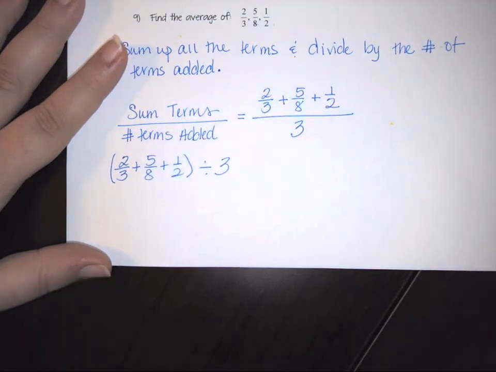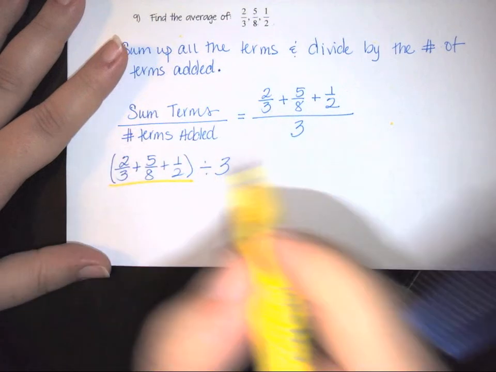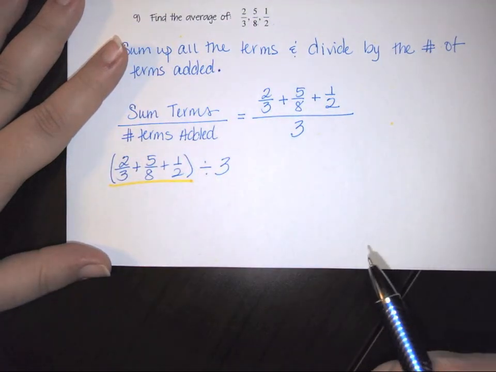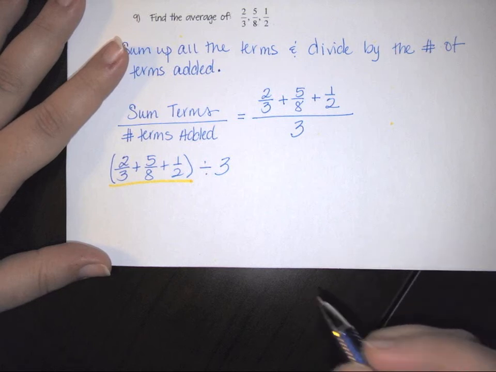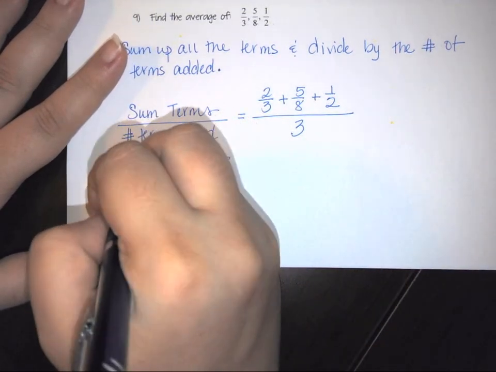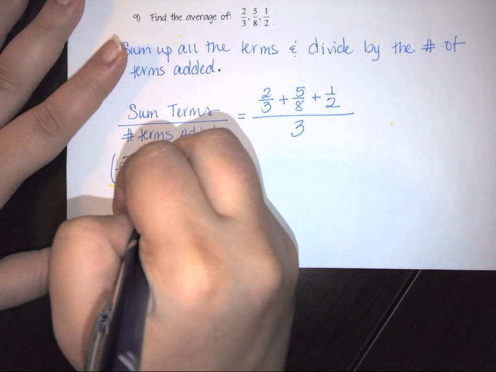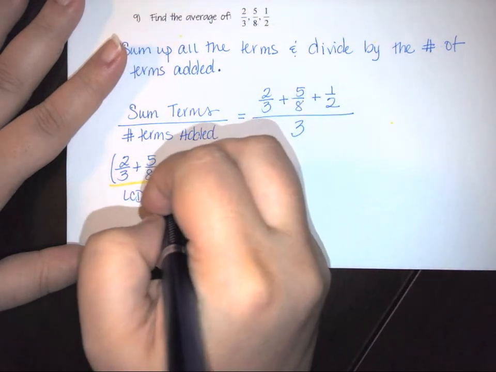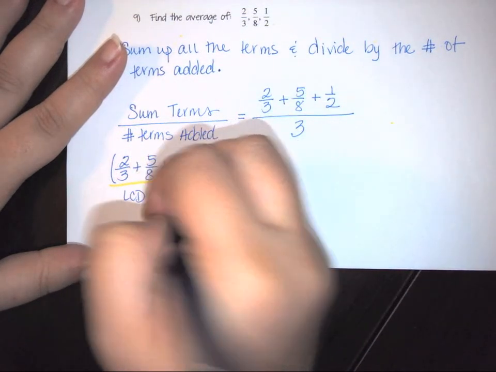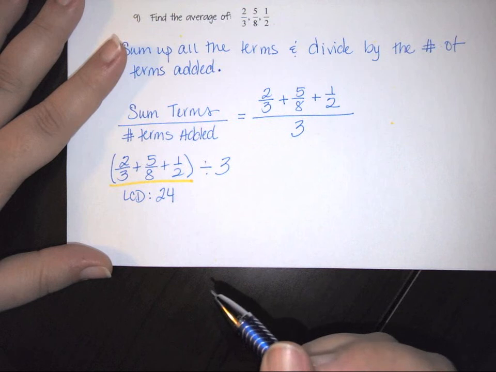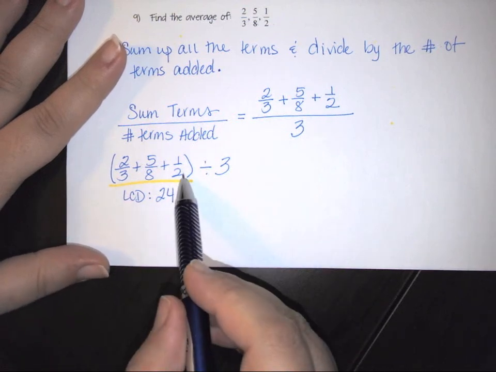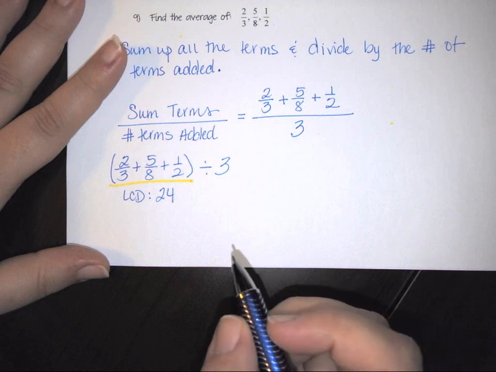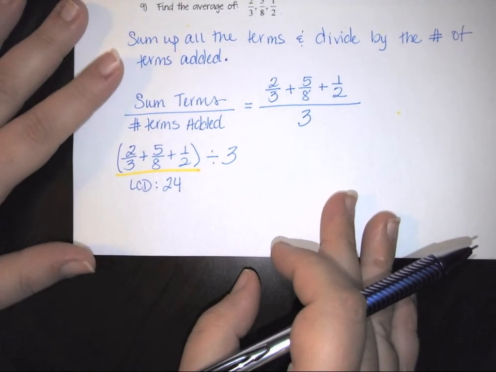So the first thing that we have to look at is summing my terms. And I need to have a least common denominator or a common denominator. So my LCD here is going to be 24. And one of the ways that I got that is 3 times 8 is 24, and does 2 go into it? Yes, it does, so we're good to go. So how do I turn 3 into 24?